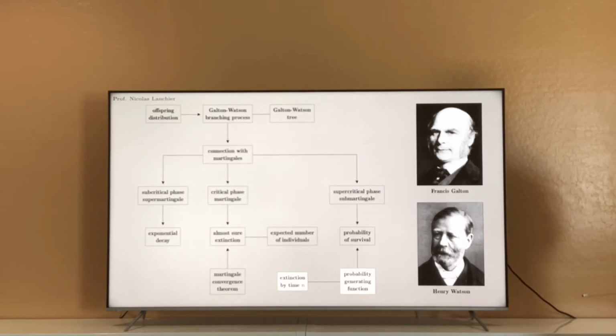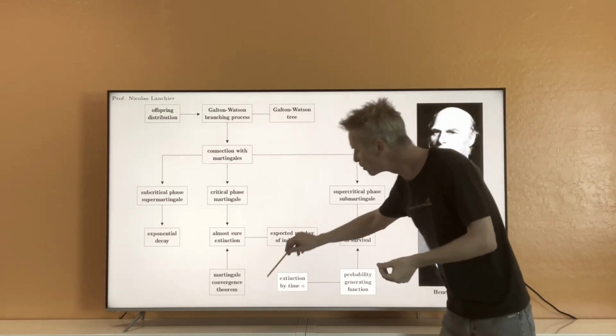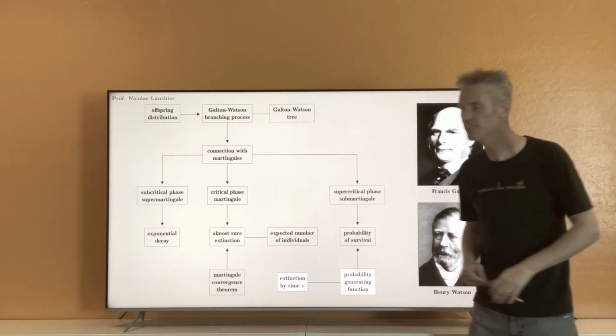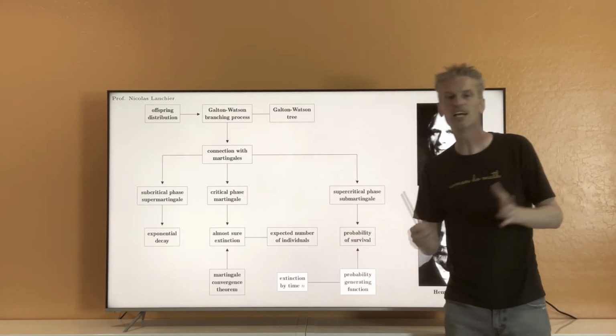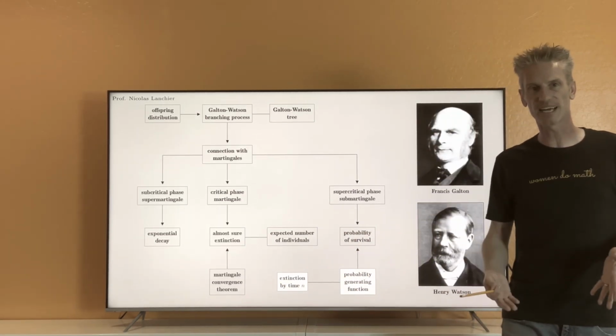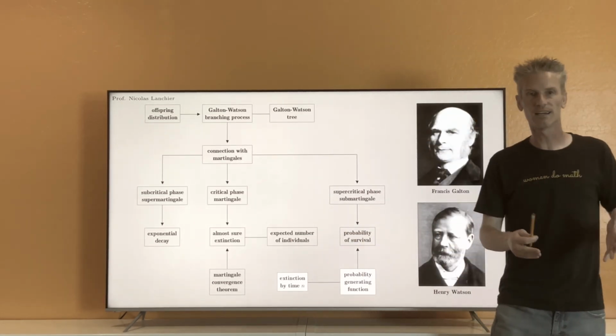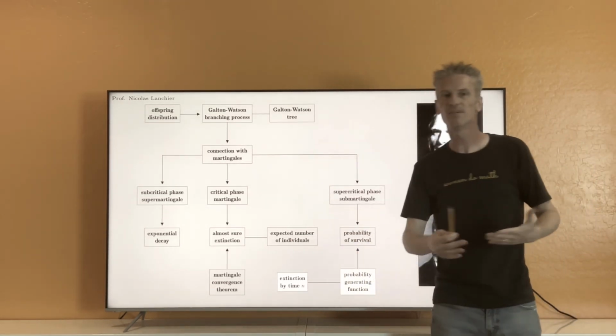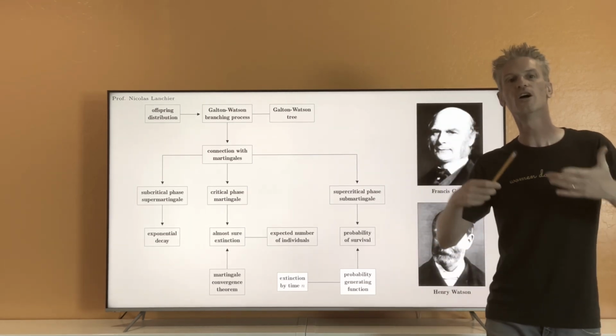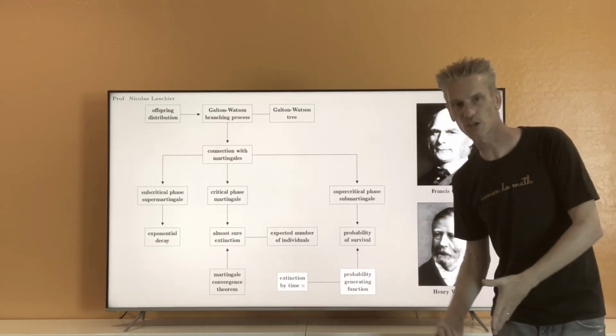So first, the goal is to understand this quantity here. That's the probability of extinction of the process by time n. Obviously, if we understand that well, that's going to give us some important information about the probability of survival.